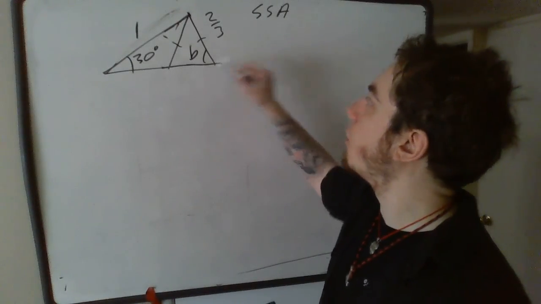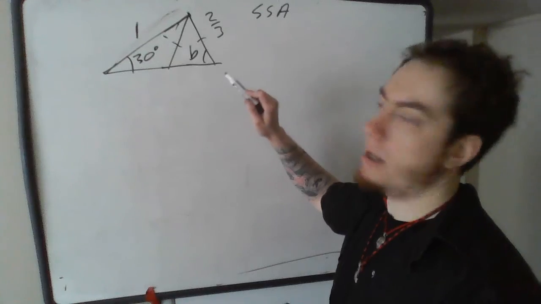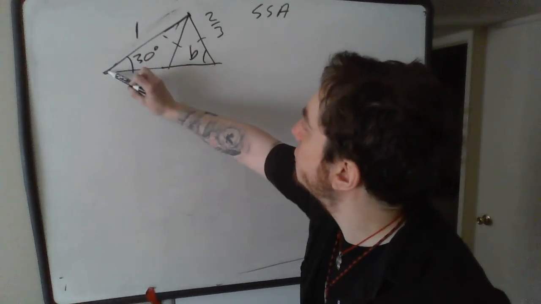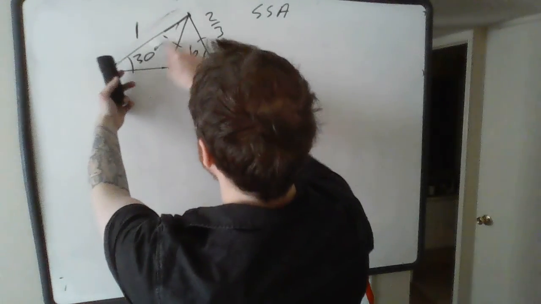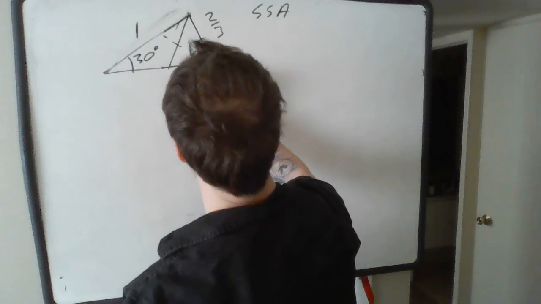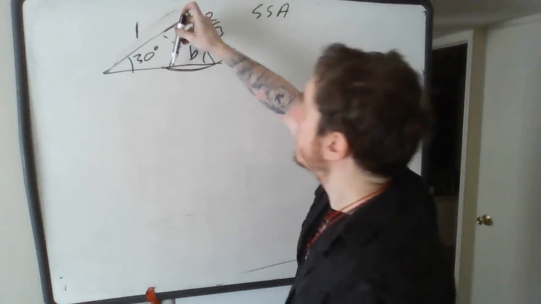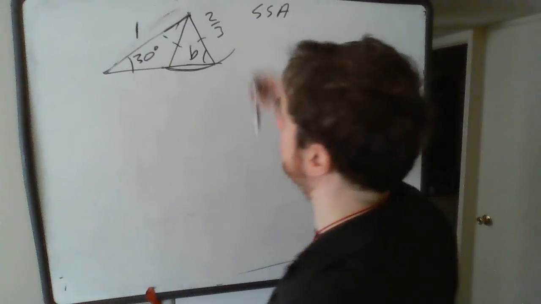So you actually get one acute triangle and one obtuse triangle, both as a possibility. The idea is if you were building this triangle, you start with this angle 30 degrees, you put down a length of 1, and then you have a length of 2/3. As you think about all the different ways you could swing this side of 2/3, there are two different places where you can swing it that still build you a triangle.